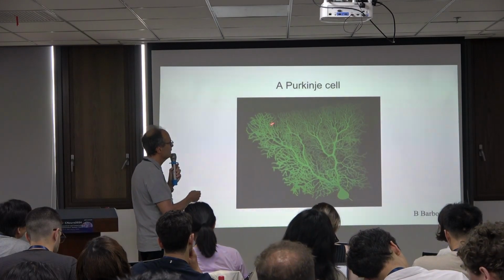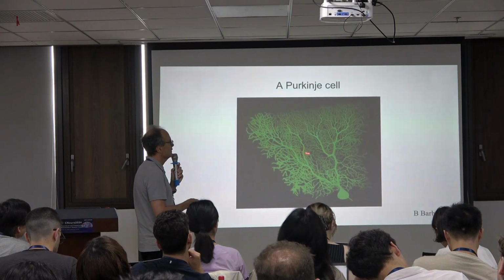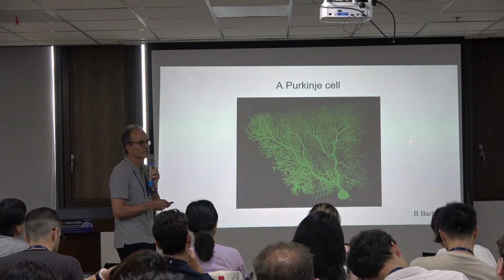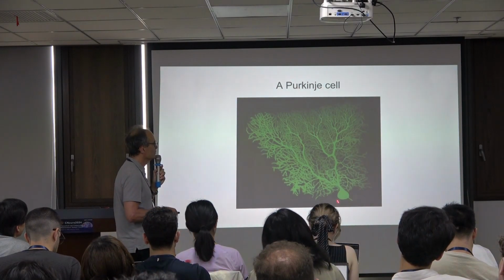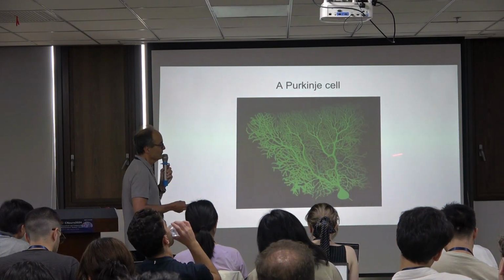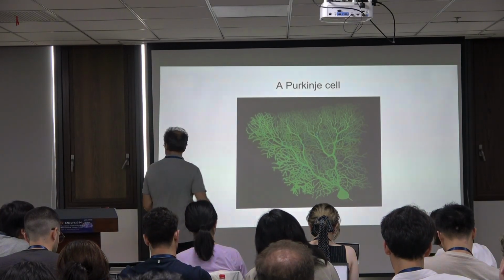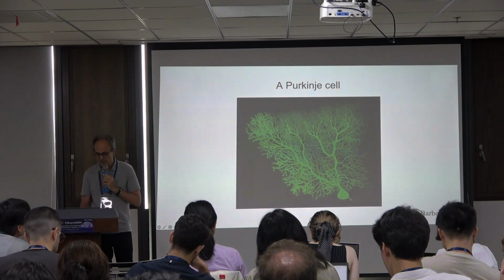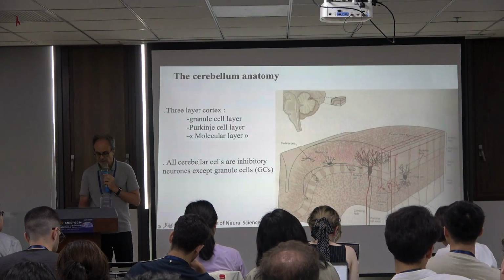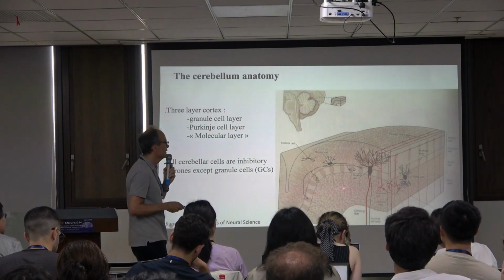This is a very big dendritic tree that receives an enormous amount of information from this transverse axon. Okay, so here I show you a little bit more of this.